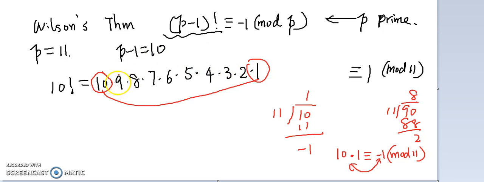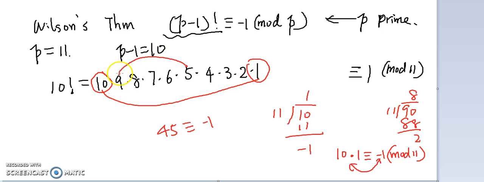And 3 times 9, 27. Keep trying these, we found out 9 times 5 will give us 45, and 45 is going to be congruent to -1. Oh, wait, hold on.